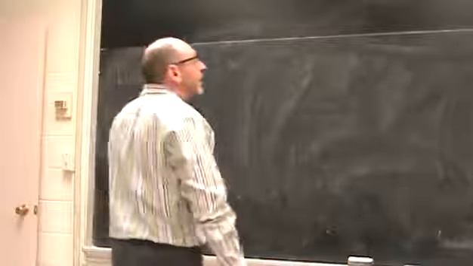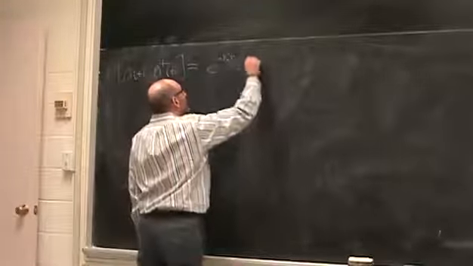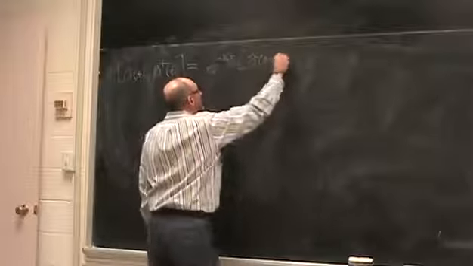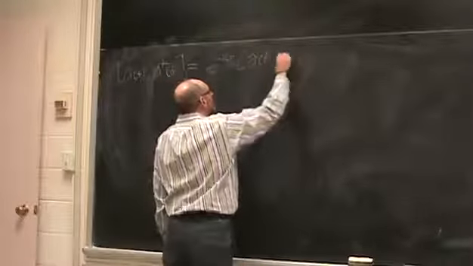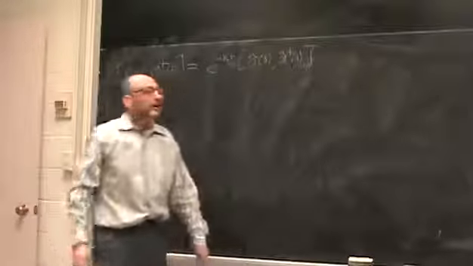Okay. So that's equal to e to the minus kappa t, the commutator of that with its dagger.